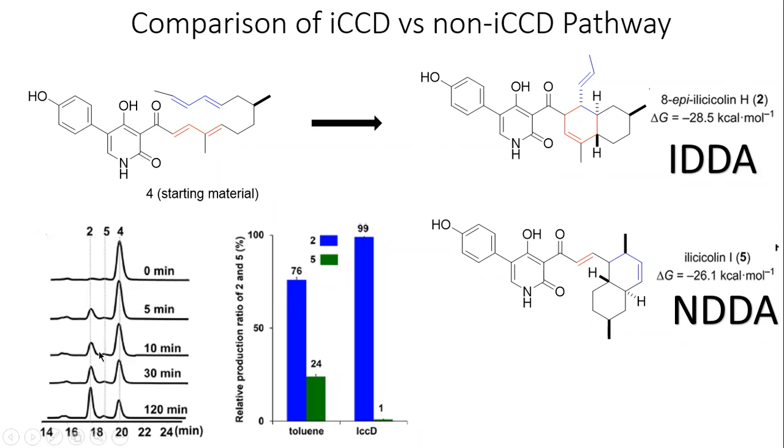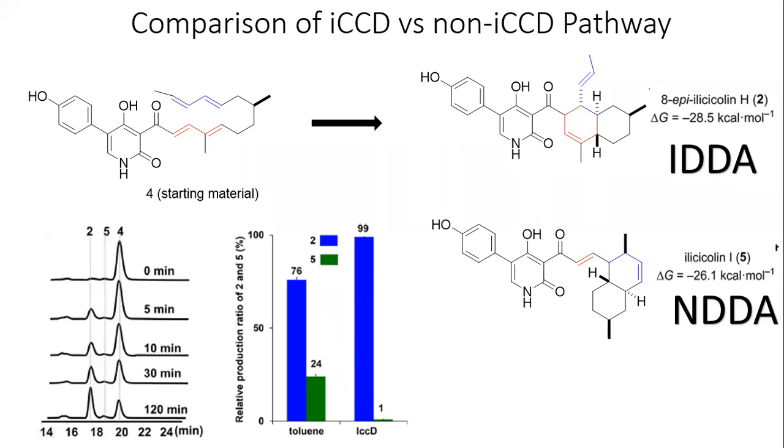And then over time, you see a little bit of 5, and the same thing here, and the same thing. So 2 is favored, right? But if you look at the conditions for toluene, you have a 76 to 24 ratio of 2 to 5. But over here is 99 to 1 using that enzyme catalyst.